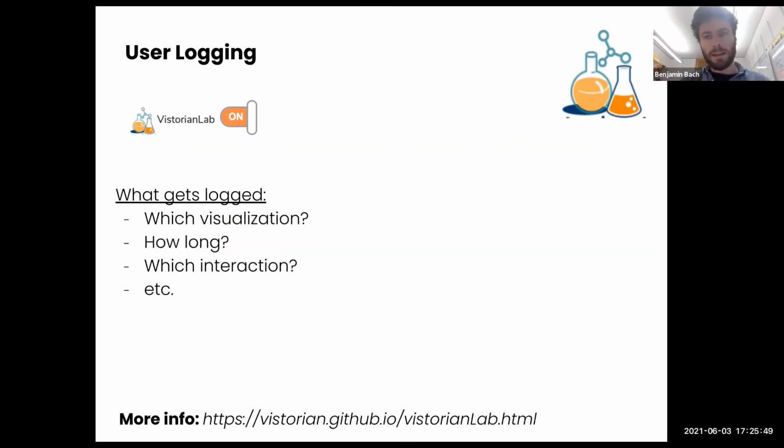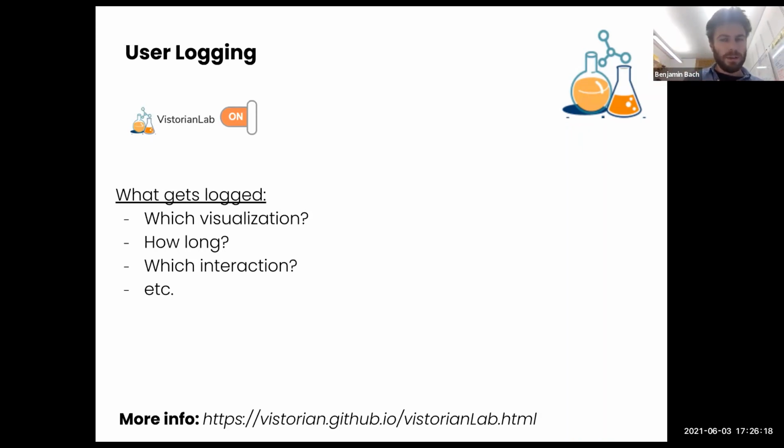And on the other side, it enables anonymous tracking. In this case, again, this is to support our research, and it's completely anonymous. It is basically tracking your individual interactions, like which visualization you currently have open, how long you are spending on specific visualizations, how much you are interacting, which interactions you are using, the time slider, how you progress through time.